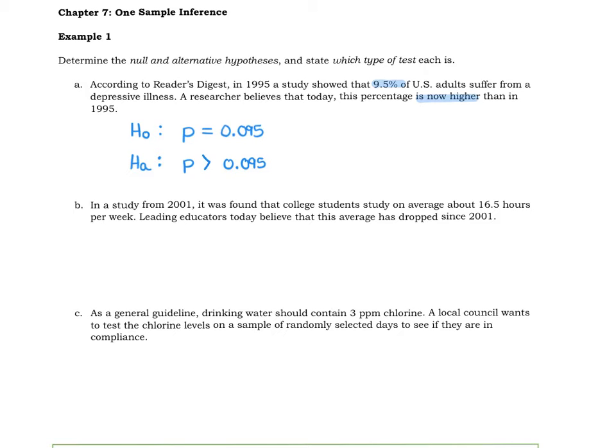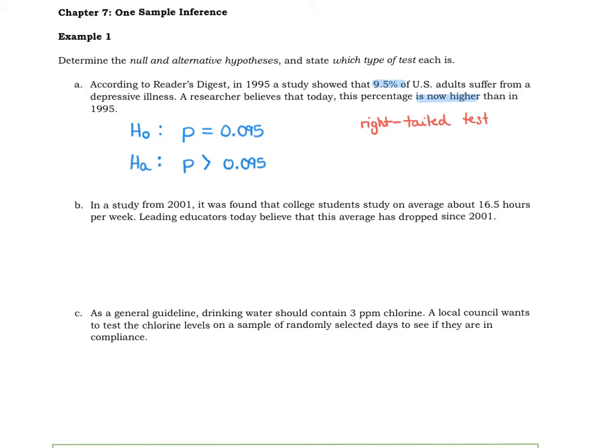Now, in terms of what kind of test this is, right? Sorry, that was the mailman. Little pause there to let Teddy do his thing. This is what is known as a right-tailed test, because we think the proportion is now higher.